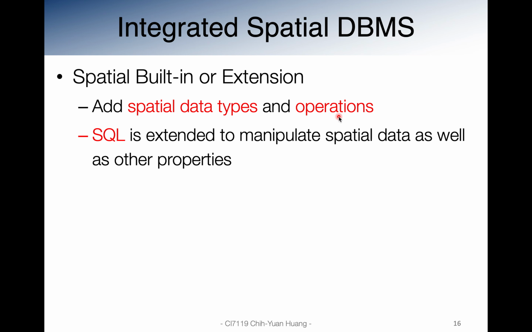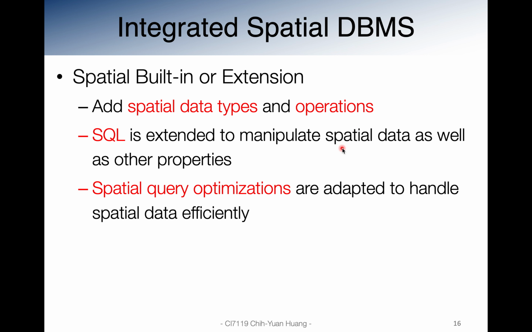So you can directly use the extended SQL to manipulate those geospatial data by using the geospatial data types and also the operations. And for spatial query optimization, because we directly include the spatial data in the system, the query optimization can be applied to those geospatial data as well.